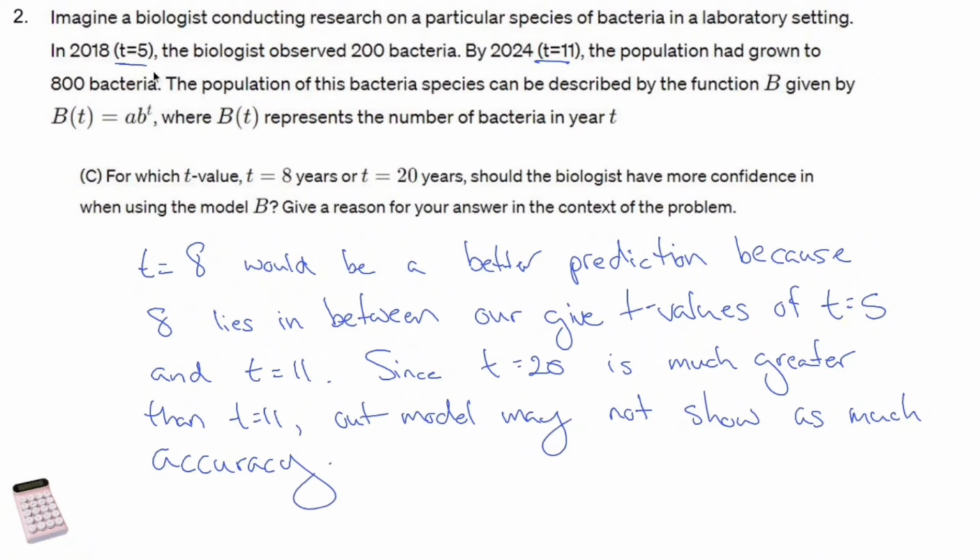Which makes sense. If you're going to predict something between 5 and 11, or predict something based off of 5 and 11, 8's literally right in the middle of it. 8's in the middle. So you wouldn't say, oh, yeah, I'm more likely to guess what's going to happen for 20 than for 8 because you could graph these two and you can at least estimate what's going to happen in between. It's hard to estimate what's going to happen at t equals 20 because 20 is way down the road.